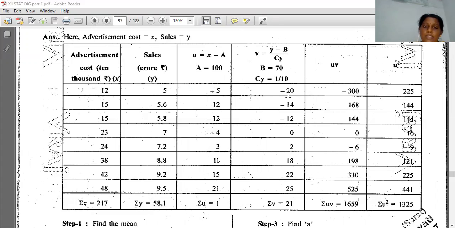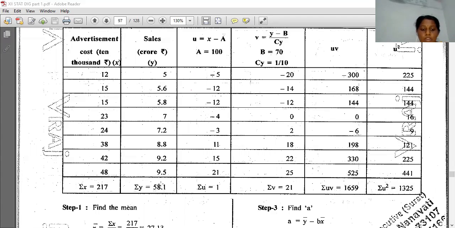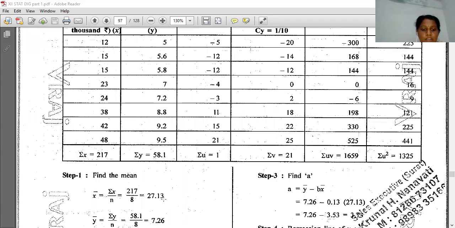Right? So this is the solution. If we are taking cy upon cs in the formula, then cy will be 1 by 10. I told you, when we multiply cy in the numerator itself and not in the denominator, it comes to 1 by whatever number we are taking. Here also the same thing. Here a, what is the value of x bar? That is 27.17.